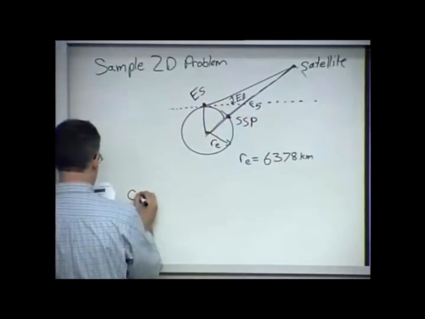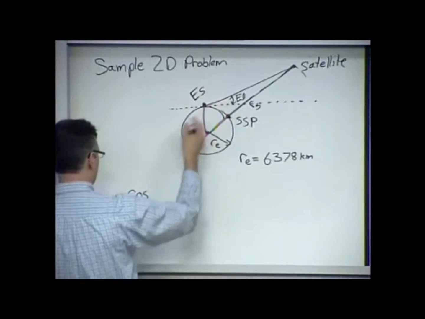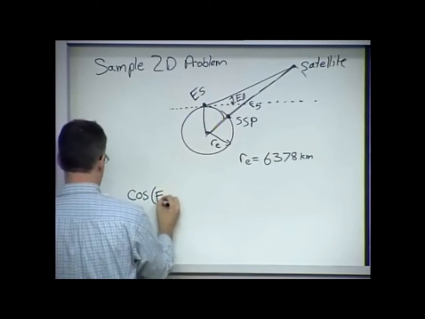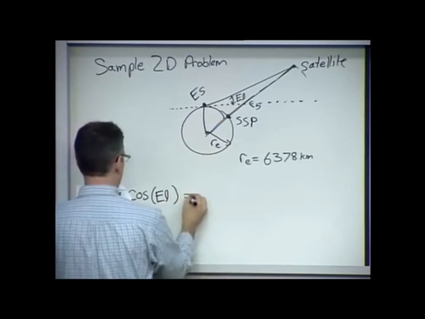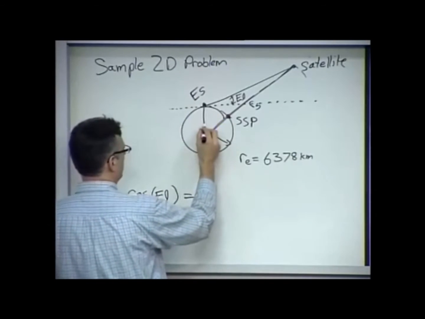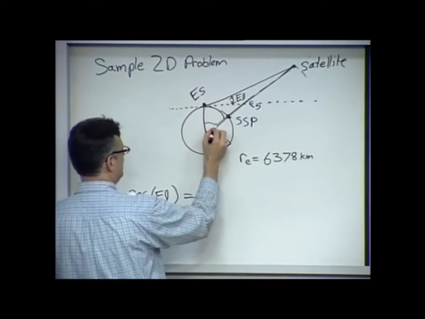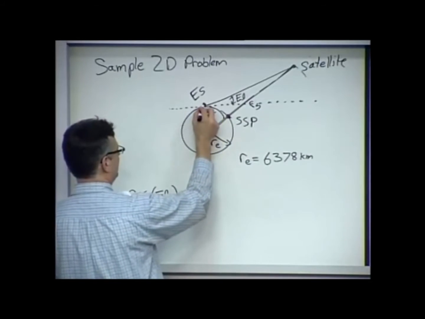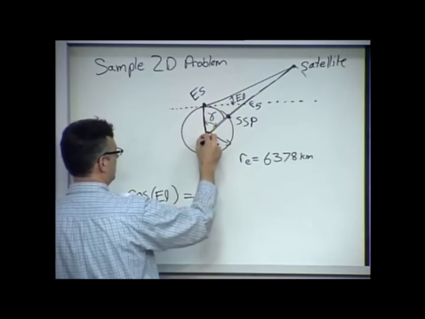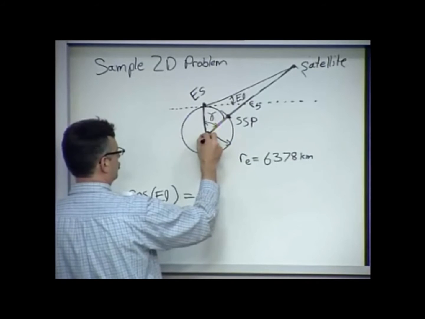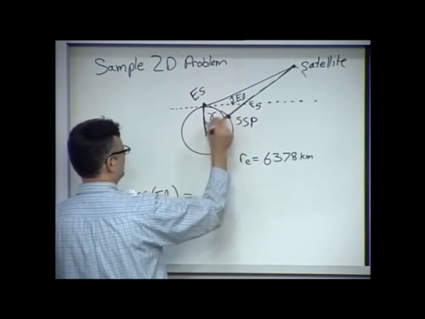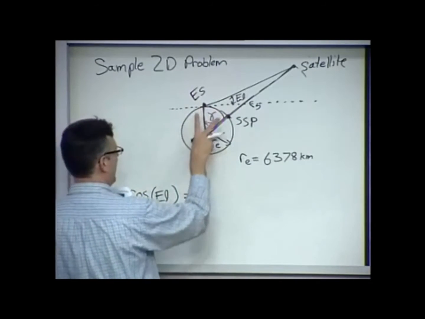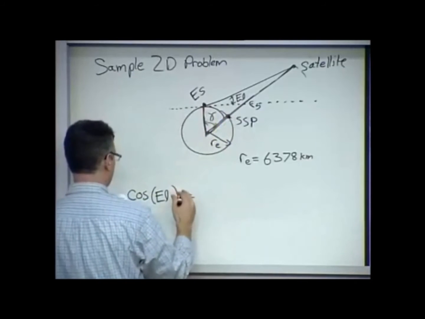And so the cosine of that elevation angle is equal to, okay, in order to figure this out, I need to figure out what this angle is, gamma, the subtending angle between the Earth station, the center of the Earth, and the satellite subpoint, the angle formed by those two line segments.